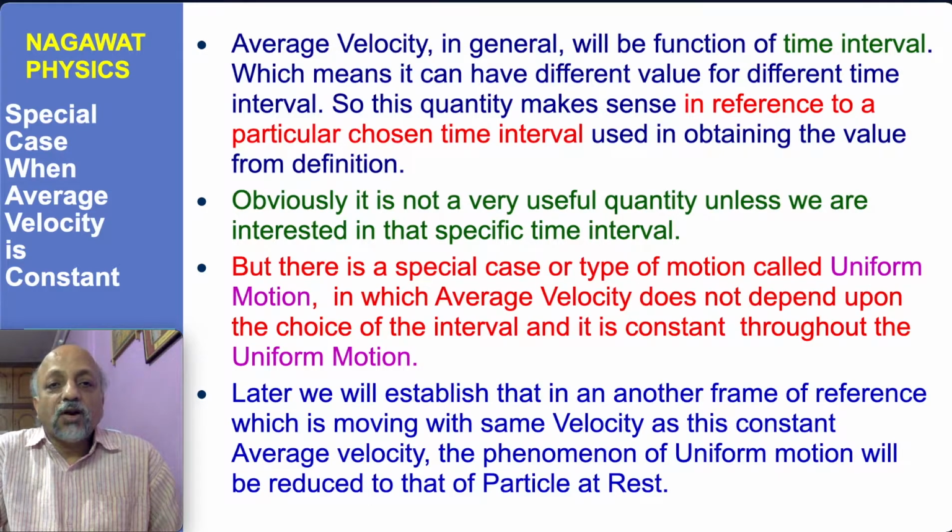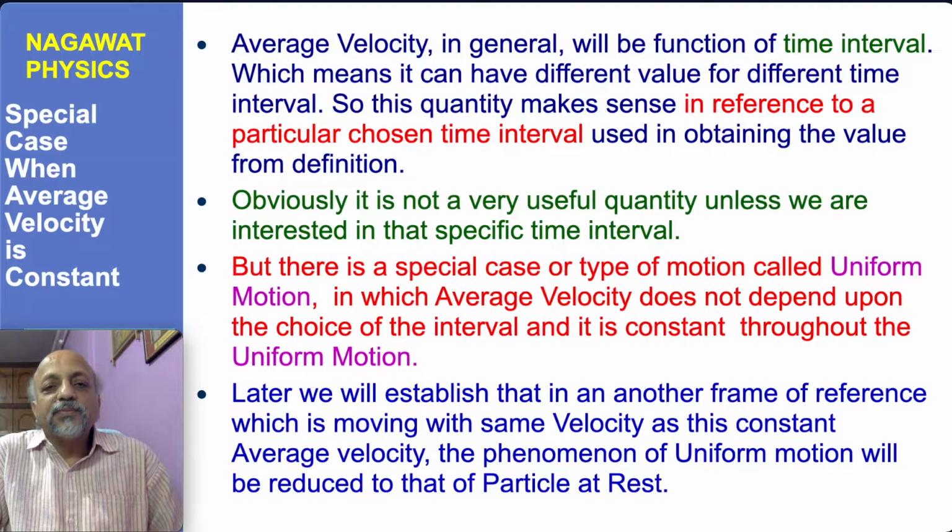So average velocity in general will be a function of time interval, which means it may have a different value for a different time interval. If I increase or decrease Tf minus Ti, keeping Ti the same, or otherwise keeping Tf the same, then the value will change. So this quantity makes sense only in reference to a particularly chosen Ti, the initial time, and a particularly chosen Tf, the final time. With a change in time interval, you can't expect the same value to hold.